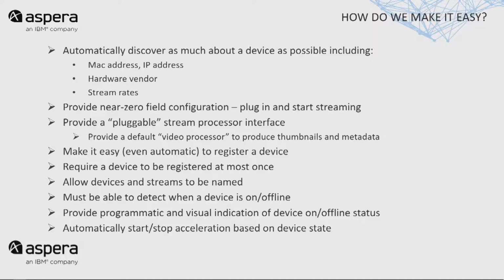And then the big one is automatically starting and stopping the devices and the transports to move them. We've got acceleration in here, but any sort of transport is possible in this concept. The interesting one here is detect when it's online and offline. In our development and proof of concepts and working with customers, we found this to be the most critical thing, because if you've ever had a device go offline, you don't know if it's the device, if it's the switch, if it's the network, what it is.